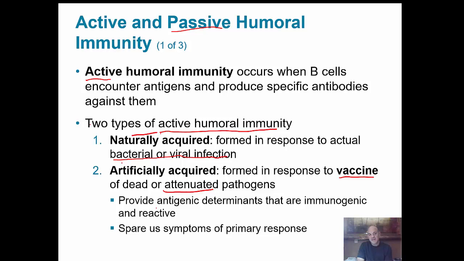But what it does provide is antigenic determinants when you have these attenuated pathogens, and they are immunogenic and reactive, so they do produce a response there. And what this does is spare you the symptoms that occur during the primary response, since you don't have an active form of pathogen being placed in with the vaccine.